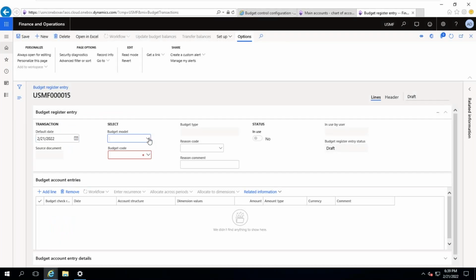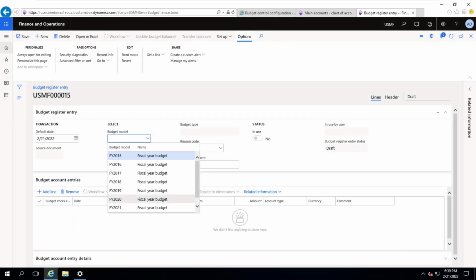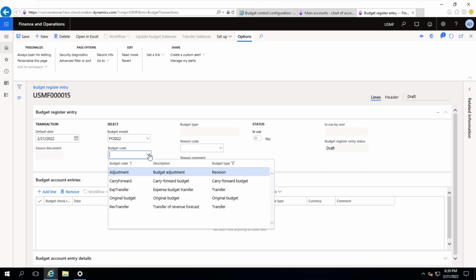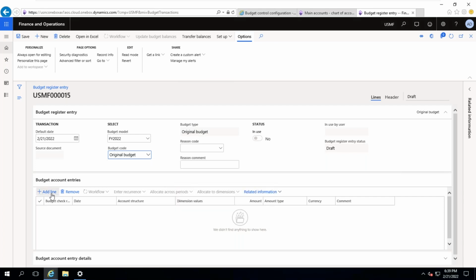Select model for 2022. I'm selecting original budget. There are types of budget: revision budget, carry forward budget, transfer budget, original budget. So I'm selecting original budget. Click on add line.